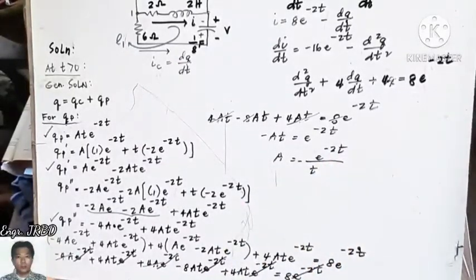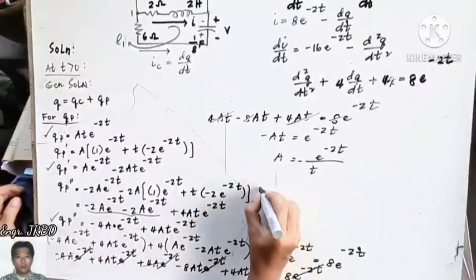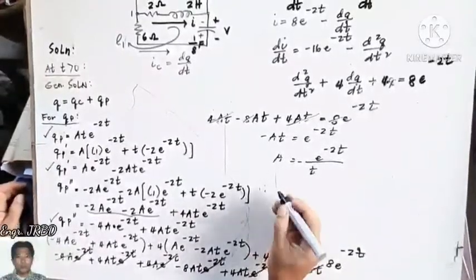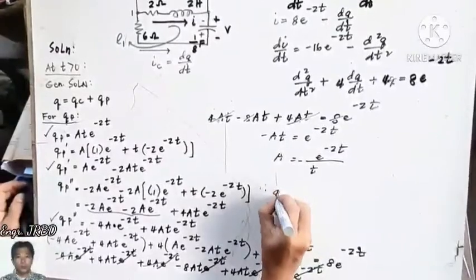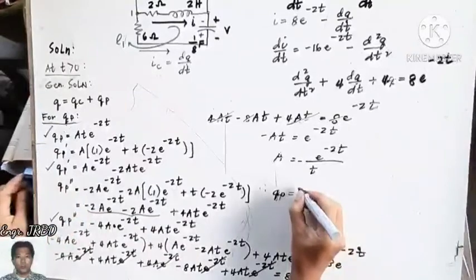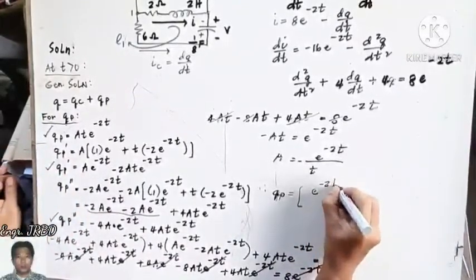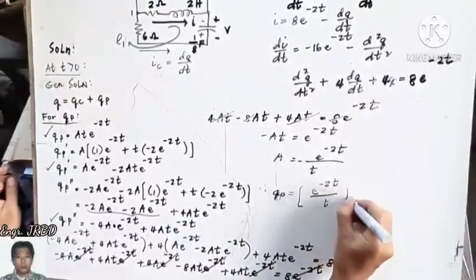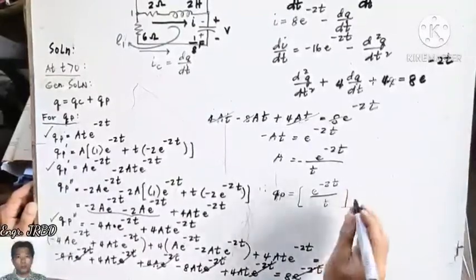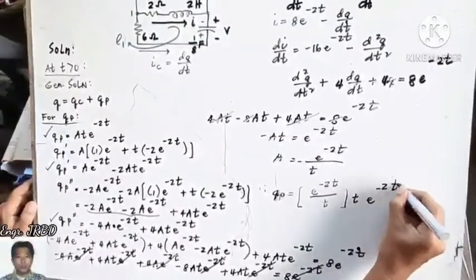Okay? So if you know now the value of a, you can actually solve the expression of Q sub P. So Q sub P is equivalent to a. The value of a is e raised to negative 2t all over t times t times e raised to negative 2t.